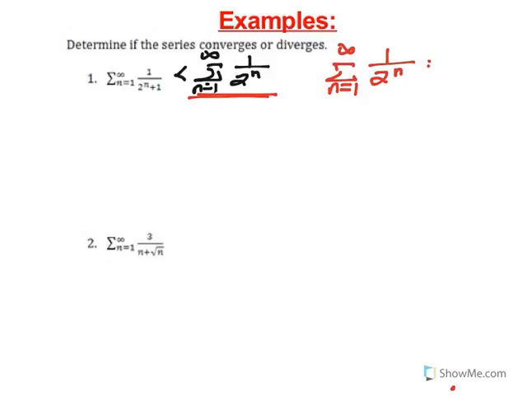If you actually started expanding terms, 1 over 2 to the 1, so 1 over 2, 1 over 4, 1 over 8, 1 over 16, what are those? Wait a minute, that looks like a geometric series. Not only is it a geometric series, but it's a geometric series with r equal to 1 over 2.